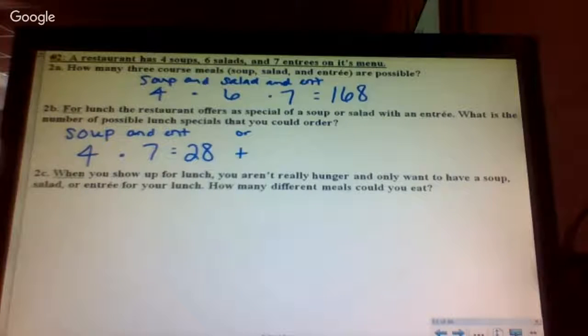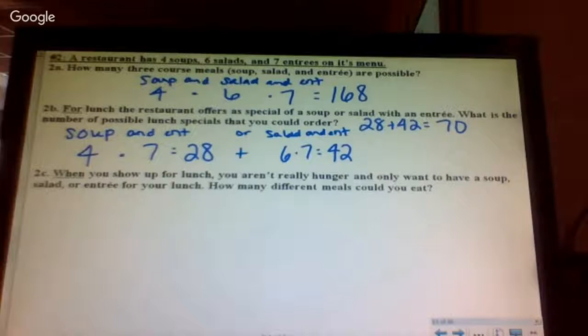Or I can do salad and entree, 6 times 7, which is 42. The two of them put together gives me 70.